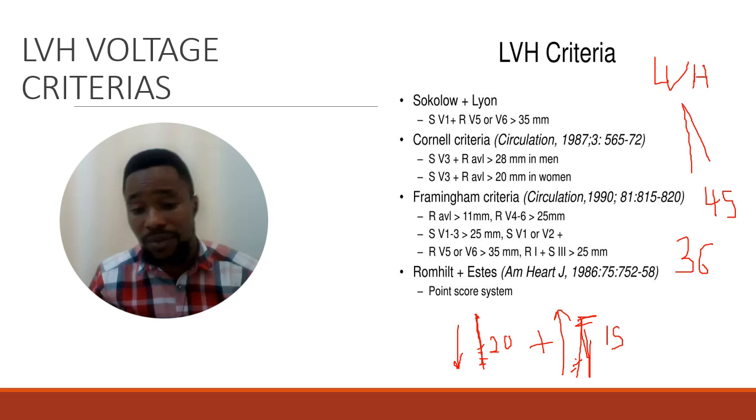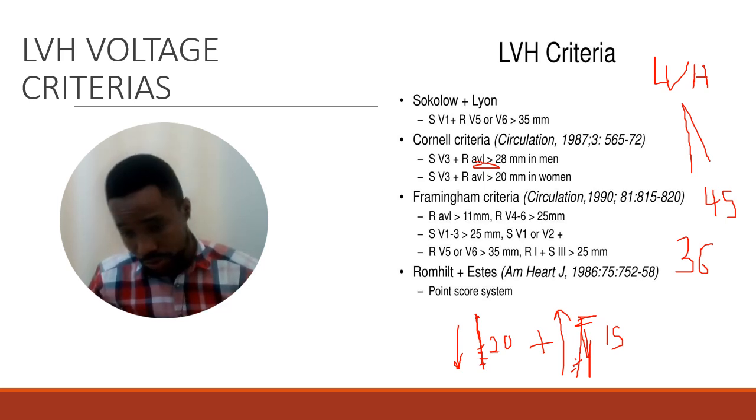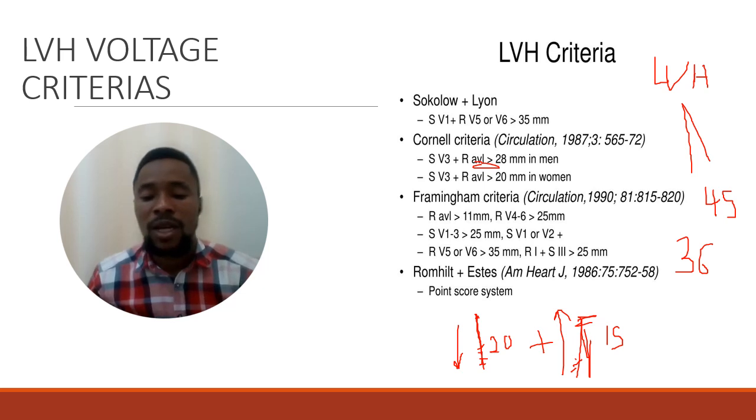You use S wave in V3, then R wave in aVL, not V5 and V6. Then if your value is greater than 28 in men, there's likely going to be LVH. Now, if it's greater than 20 in female, there's likely going to be LVH.